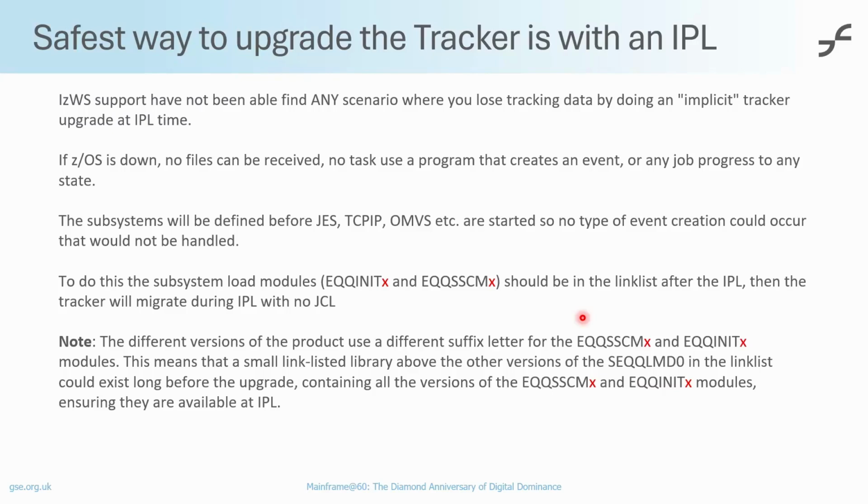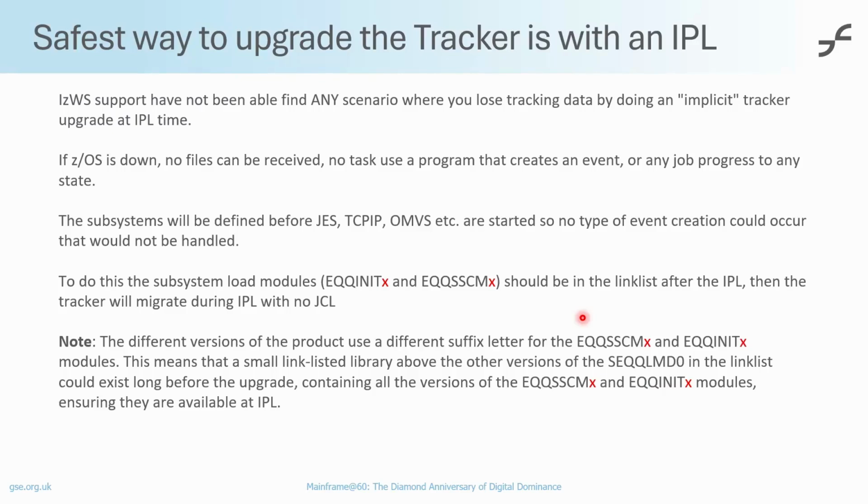So why during an IPL? Because if the z/OS system is down, basically no process will create events for your tracker. There's no file that can be received, no task or programs that create events, no job can run.